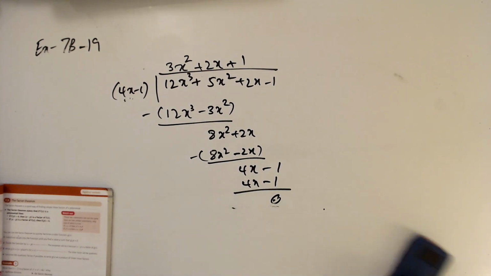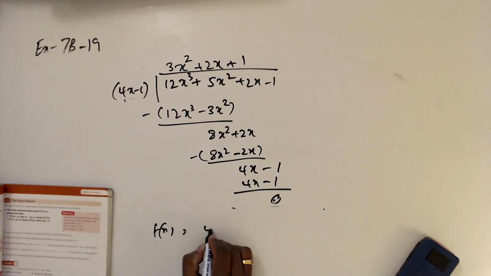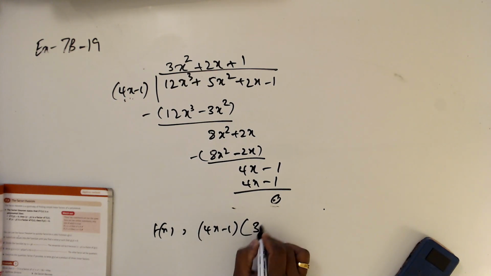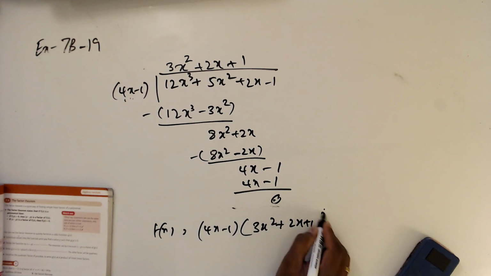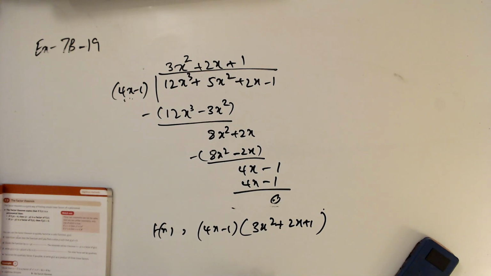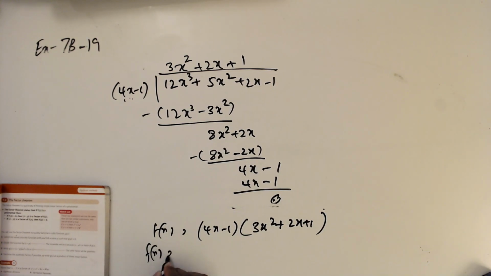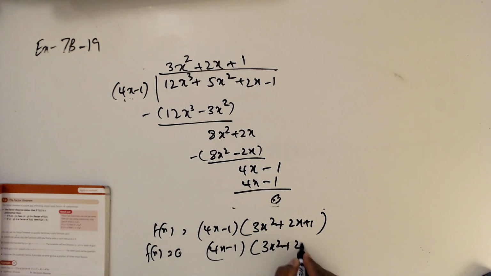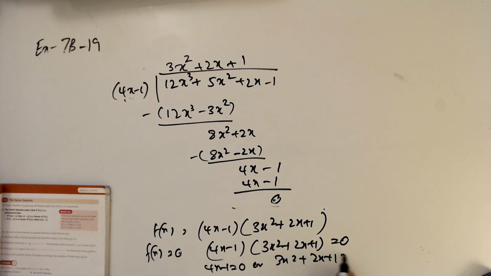Now we can write fx equal 4x minus 1, 3x square plus 2x plus 1. Now question B gives a hint that we want to show that there is only one real solution. So when we find the roots, fx equals 0, we write 4x minus 1, 3x square plus 2x plus 1 equals 0, so 4x minus 1 equals 0, or 3x square plus 2x plus 1 equals 0.